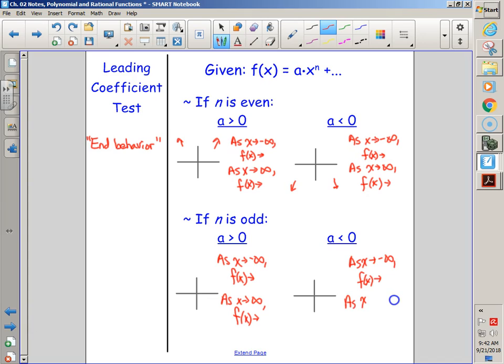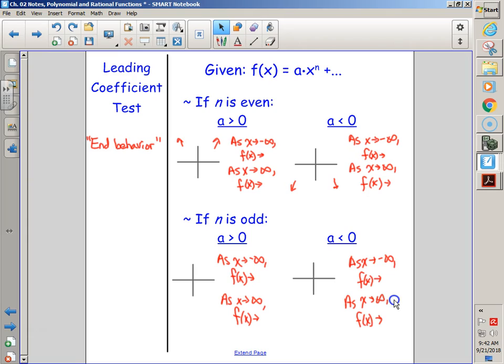And maybe by the end of writing this 4 different times and writing a new notation 8 different times, maybe you'll know what the arrow means. As x approaches negative infinity, f of x is going to be approaching. As x approaches positive infinity, f of x is going to be approaching.